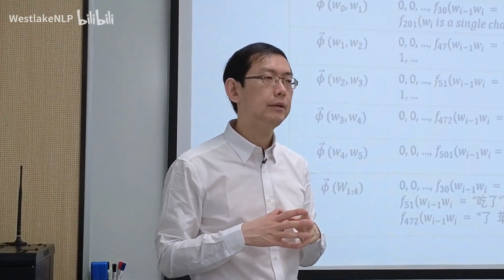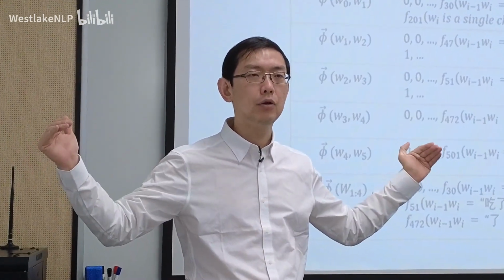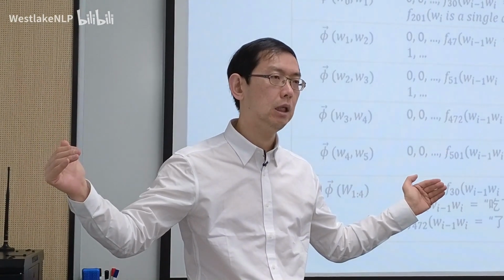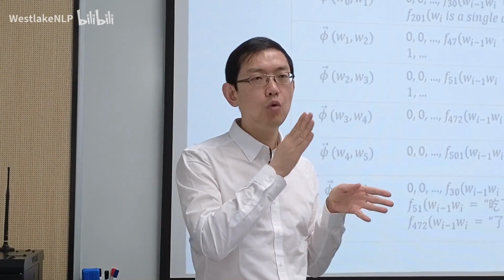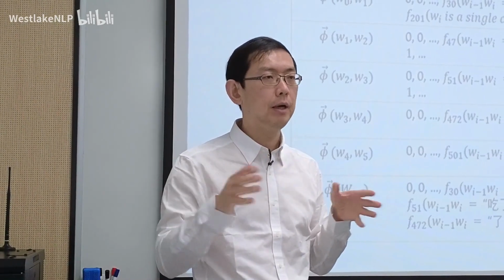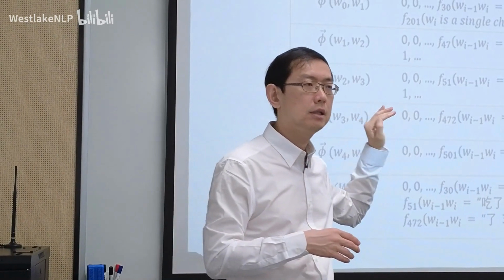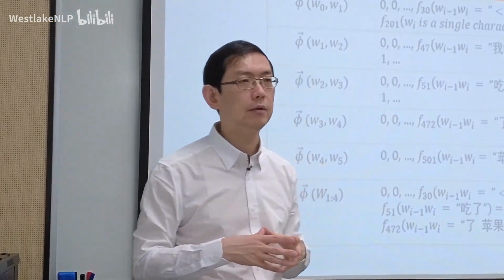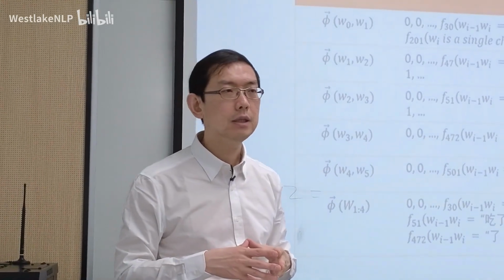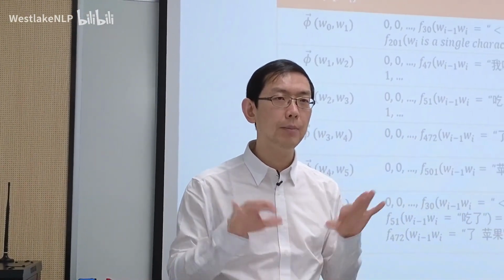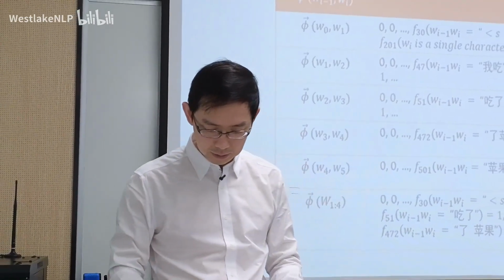The global vector is as long as the local feature vectors. They're the same length because they use the same feature instances. But the global one has more non-zero values compared with the local ones, since it is the sum of all the local feature vectors, right? So this is the same as sequence labeling, as you can compare with last week, right?